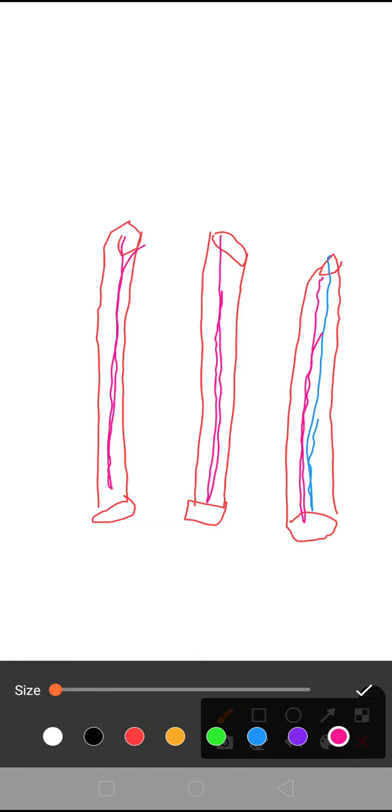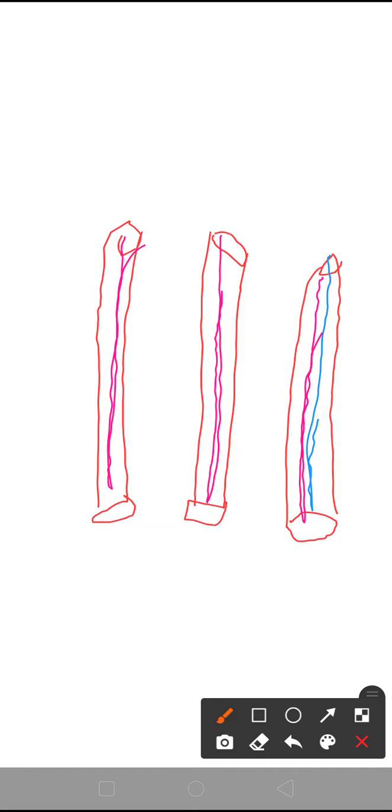All these canals are joined through obliquely running canals, which are not straight but run somewhat downward, and these are known as Volkmann's canals, which connect the Haversian canals.